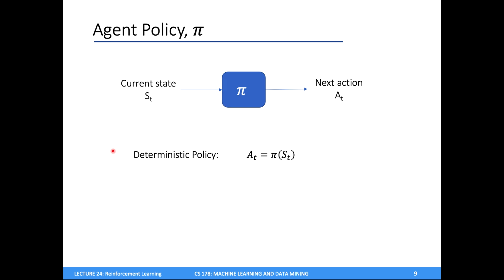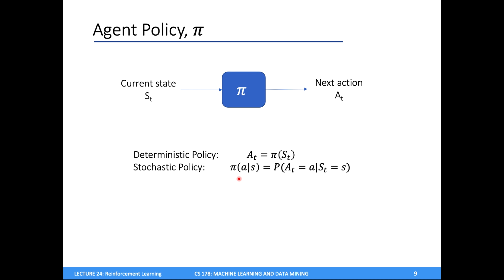You could have a deterministic policy where the action my agent is going to take is just some function of the state. So if I see the current position of the chessboard, I know exactly what move I'm going to take next. It's determined by my policy pi. But I could also have a stochastic policy. What I mean by that is that my policy doesn't return a single action to take next.